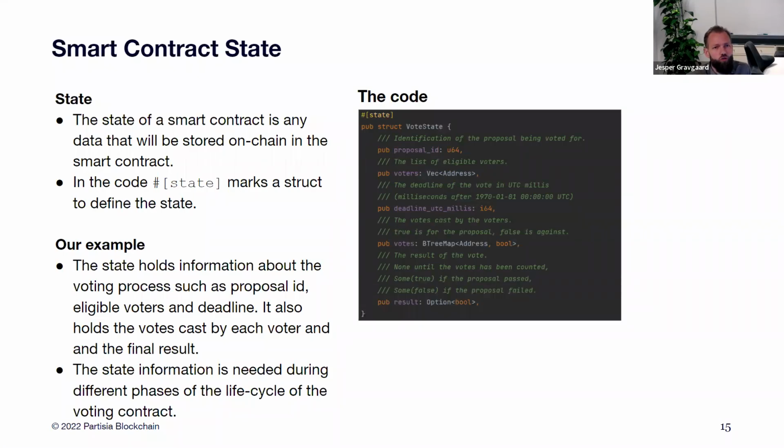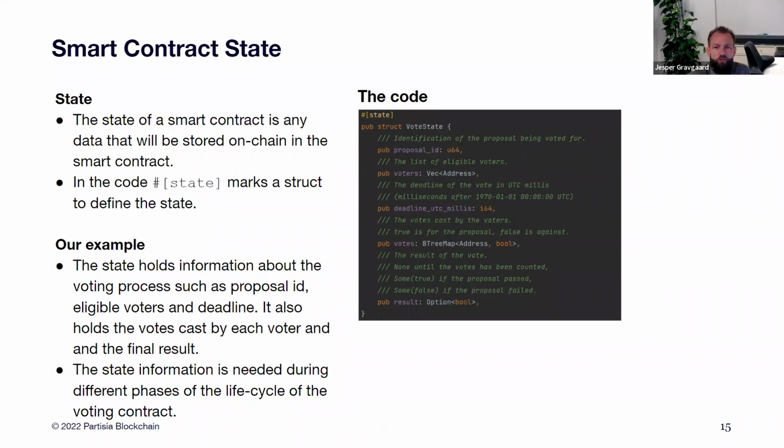So what we want to do when we code a smart contract is start by specifying what the state of the contract is. And the state is all the stuff that is stored on the blockchain and is publicly visible to anyone.